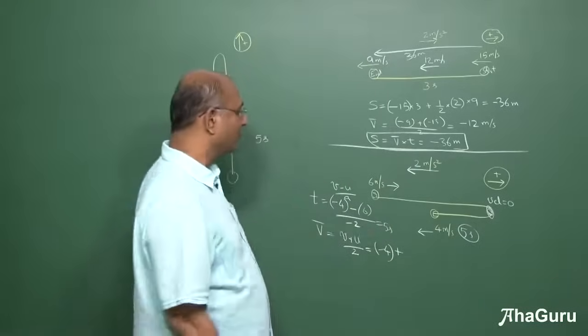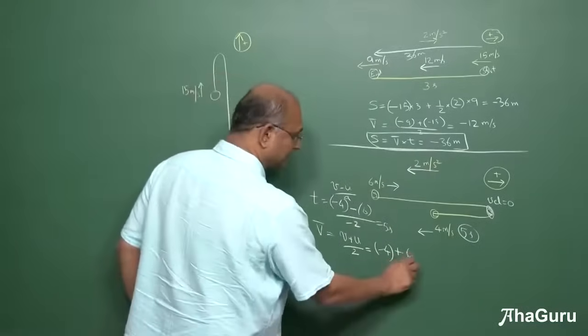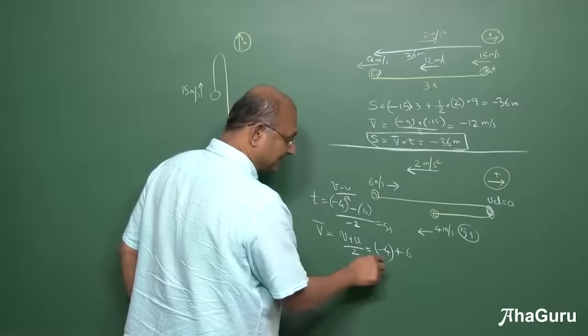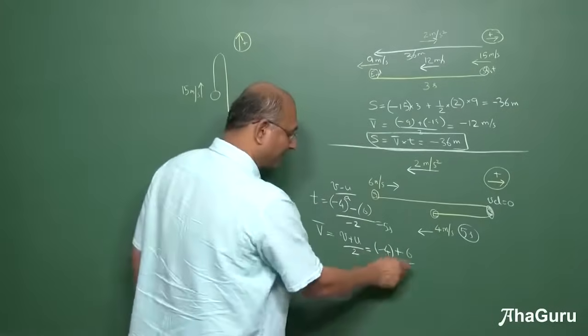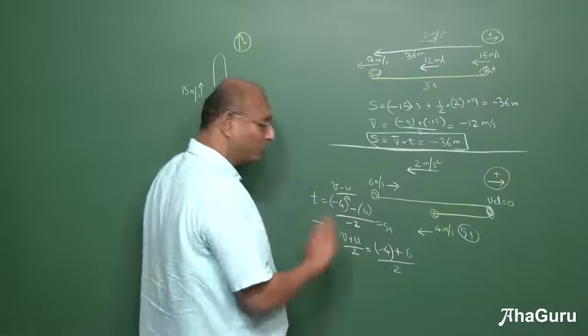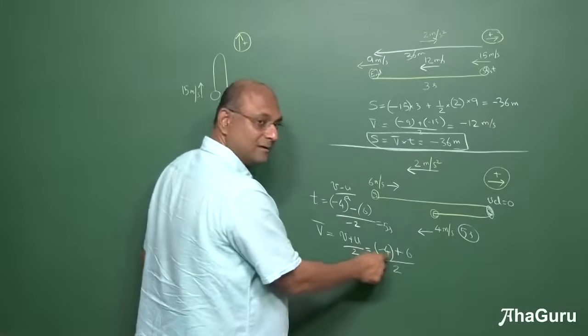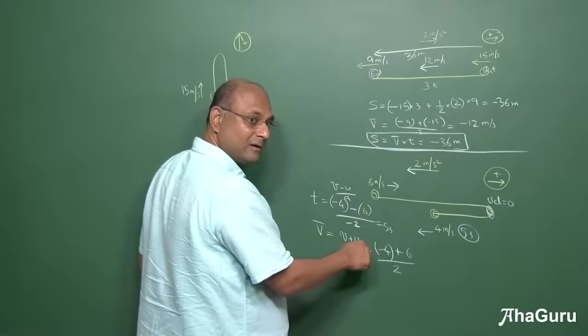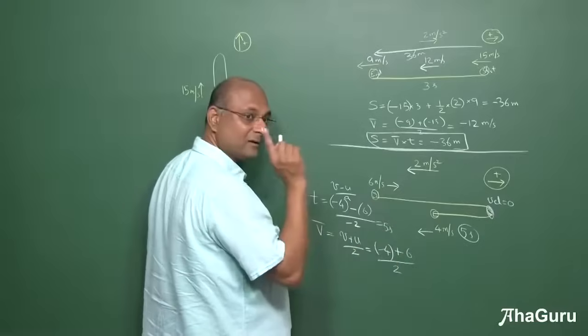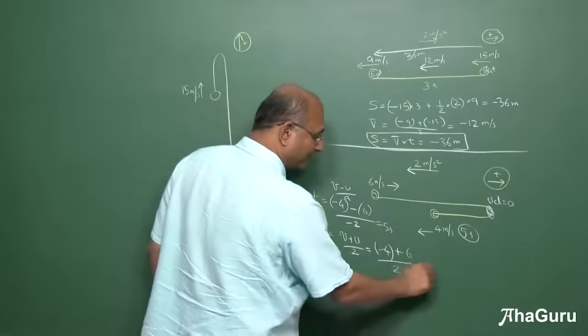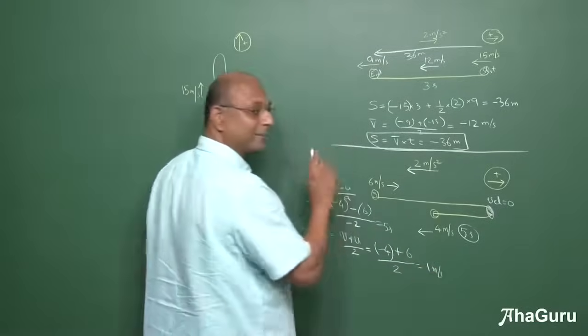So minus 4, and what about that? 6. Minus 4 plus 6 by 2, not minus 2, just by 2. So how much is this? 6 minus 4 is 2, 2 by 2 is 1. So the average velocity is 1 meter per second.